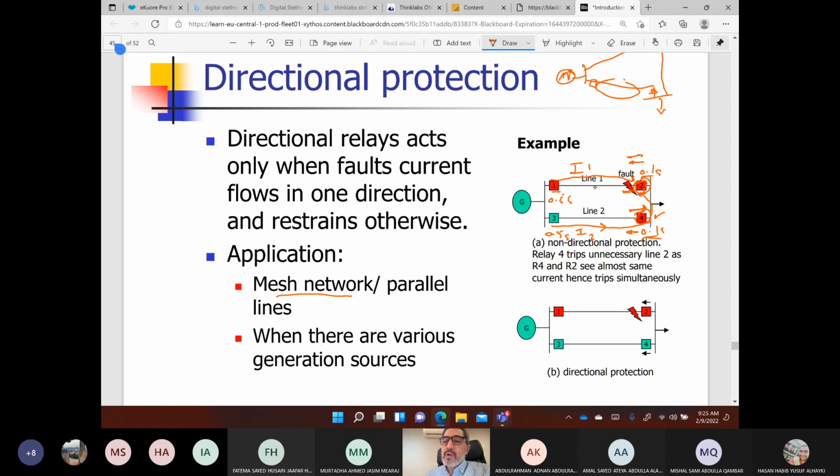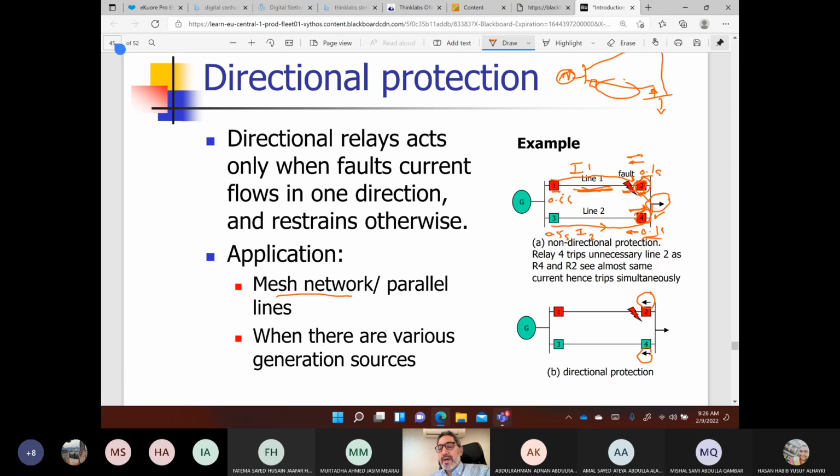Why? A fault in this line 1, and I'm also disconnecting the breaker for line 2. So I lost this load. To achieve selectivity, only line 1 should be disconnected by breaker 1 and breaker 2, and breaker 4 should not operate. And to achieve this, we should use a directional relay.